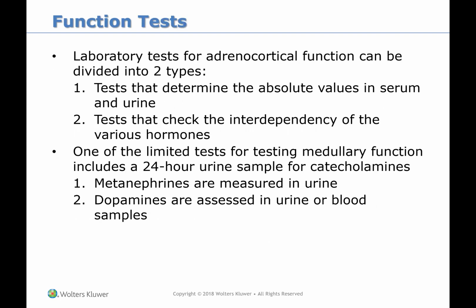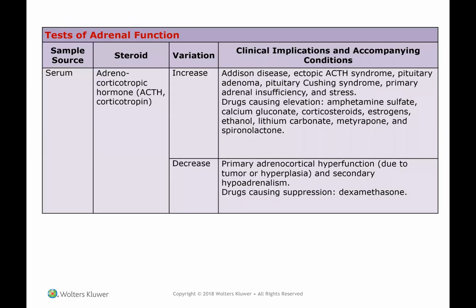There's a couple lab tests that can be done to see how the adrenal glands are functioning. Here is an ACTH or corticotropin test. And if it's increased, it could mean these things. If it's decreased, it can mean these things.